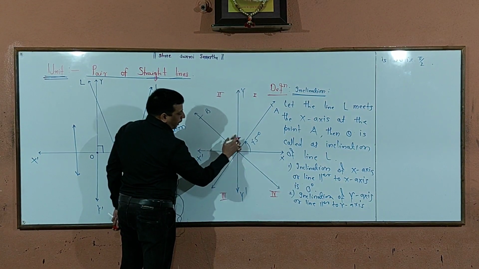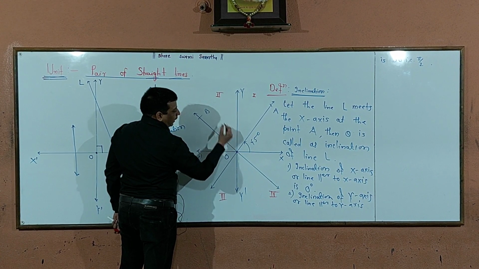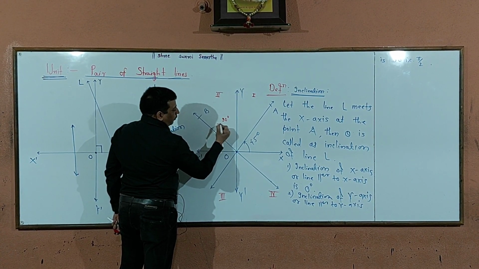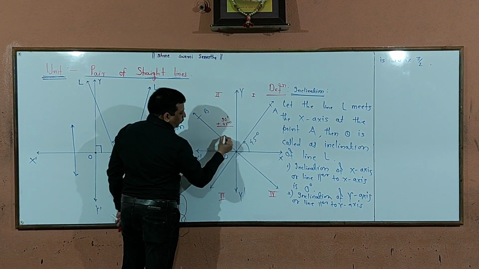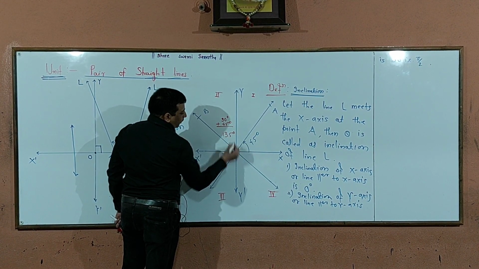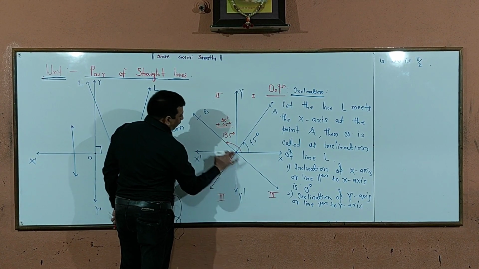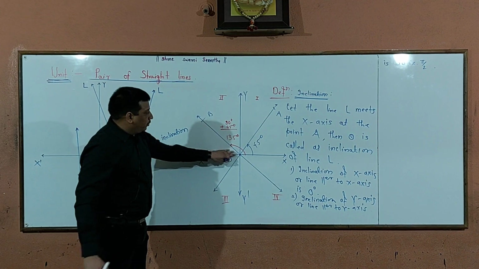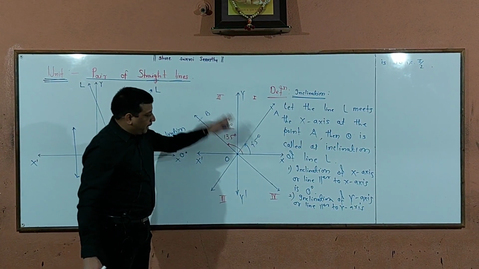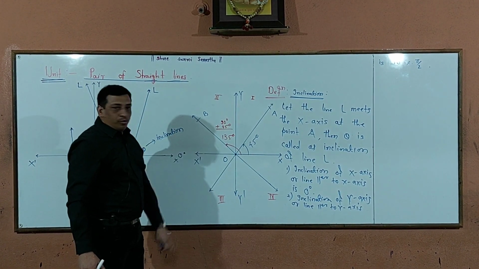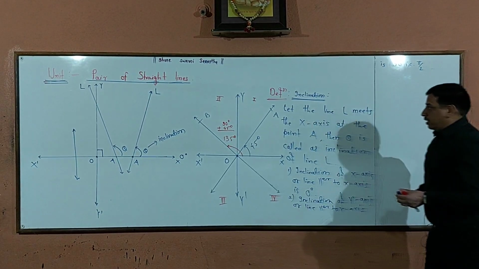Then bisecting again, up to this y at 90 degree, and then 90 degree plus 45 degree is equal to 135 degree. So the inclination of the line OB bisecting the angle between the second and fourth quadrant is 135 degree.